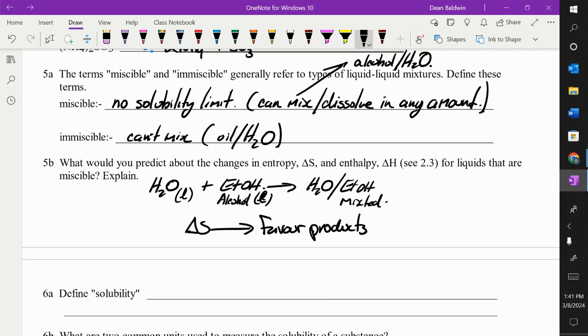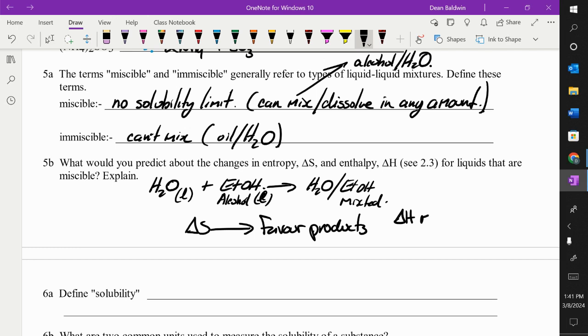If we're miscible, so we can mix them in any proportions, which way does delta H have to be pushing? To the right as well, right? It's the only way it makes sense, because if delta H pushes back the other way, can it mix in any proportion? No, you're going to get an equilibrium. Okay.